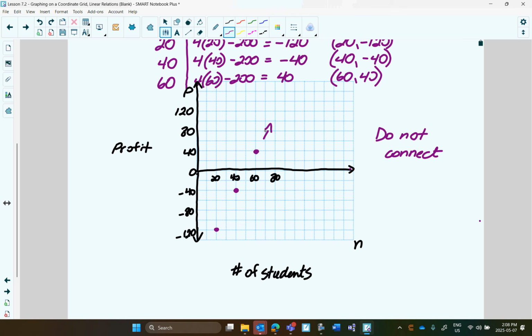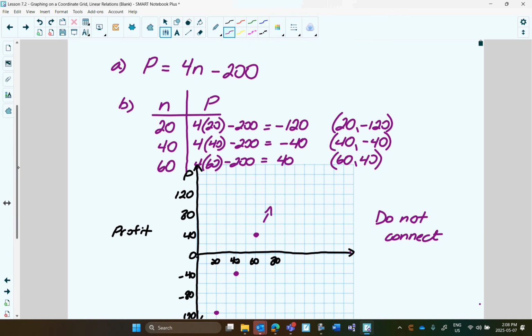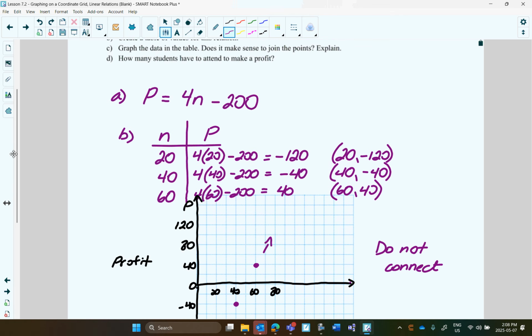Look at your equation. What's 4 times 50? 200 minus 200? 0. So if 50 students attend, you make no money, but you don't lose any money. So how many would have to attend? At least 51 before you start making money.